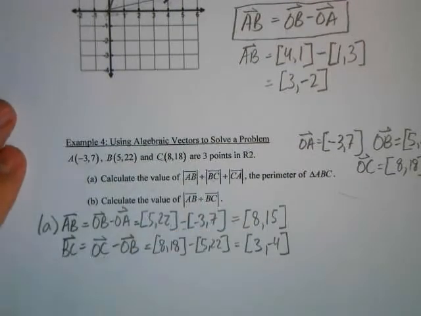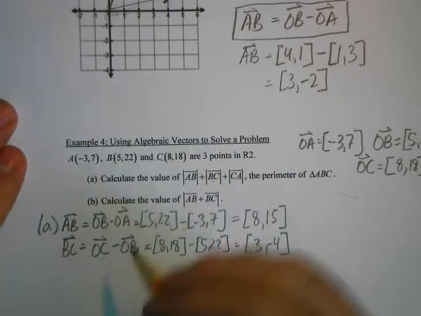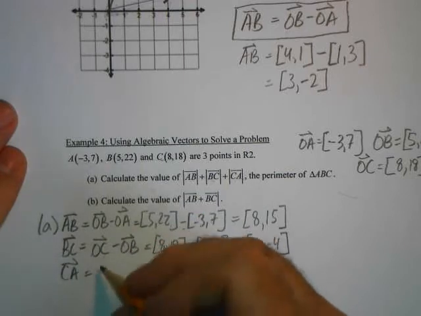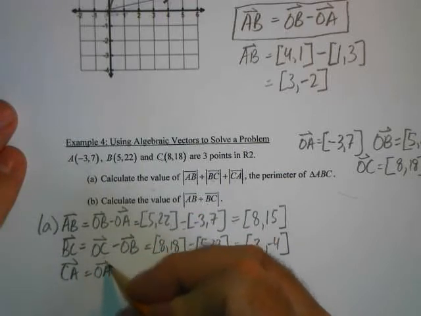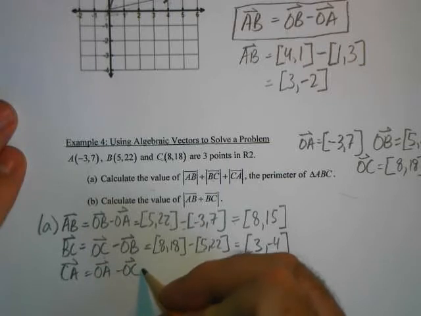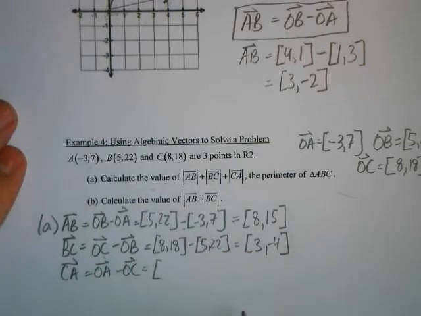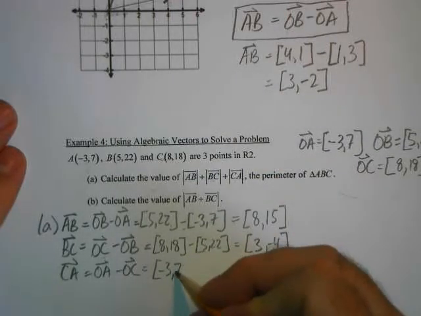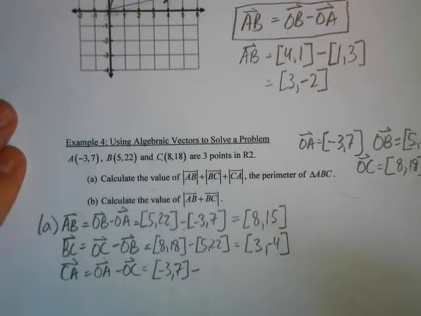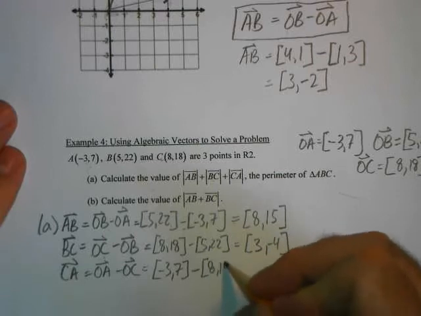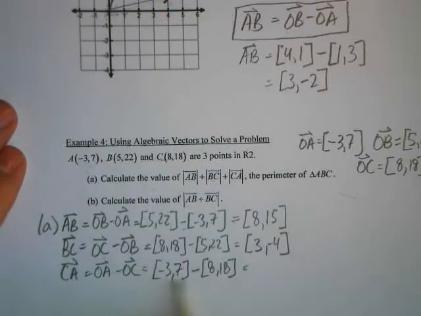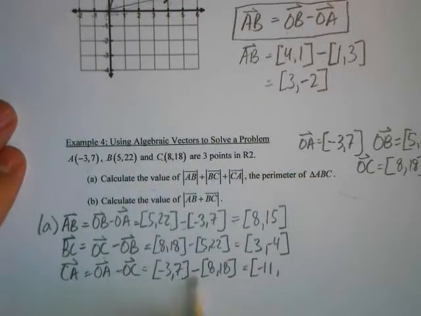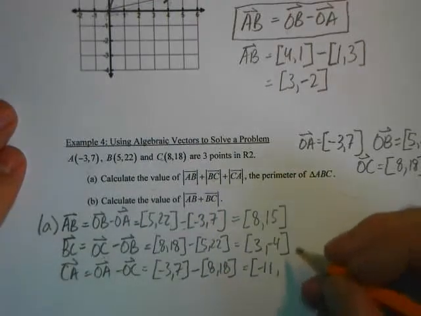And then the last side, we want CA. So CA would be OA minus OC. Okay, OA was -3, 7. Subtract OC, 8, 18. So -3 minus 8, -11. And 7 minus 18, also -11.